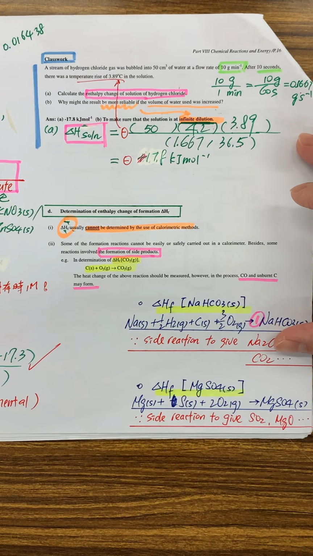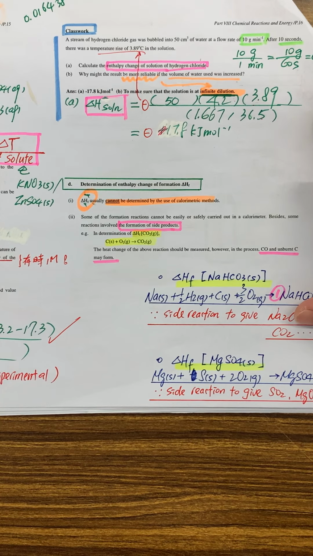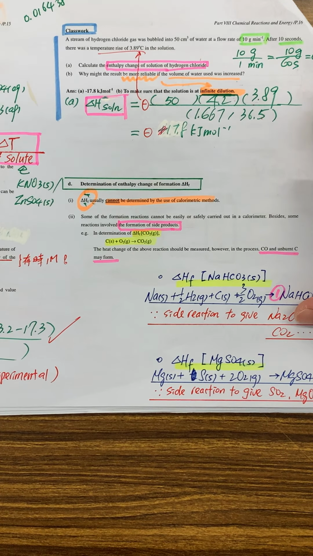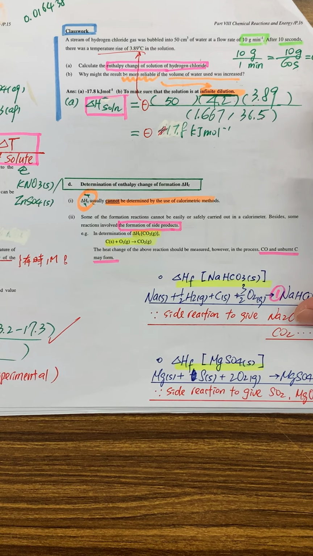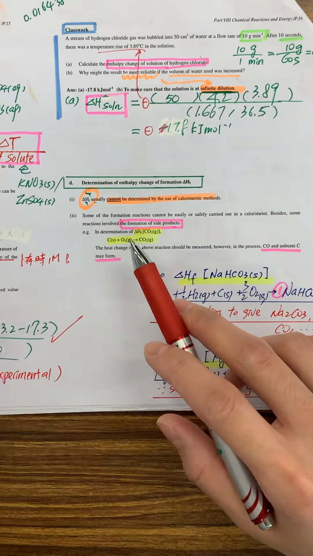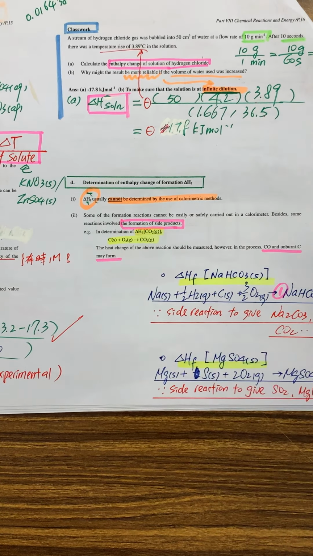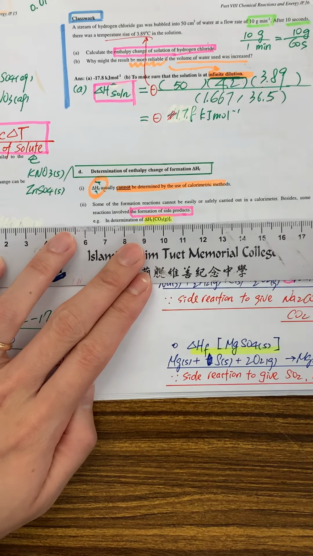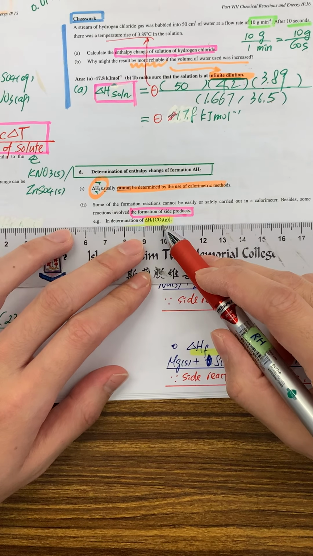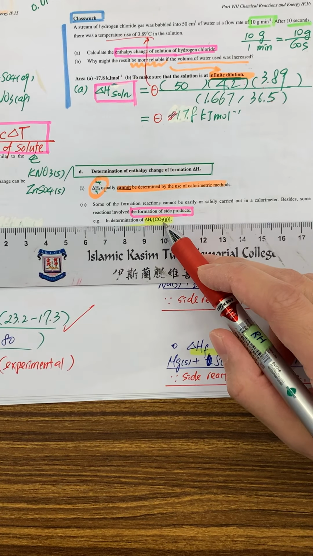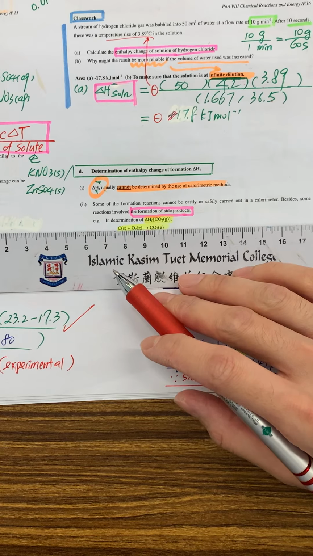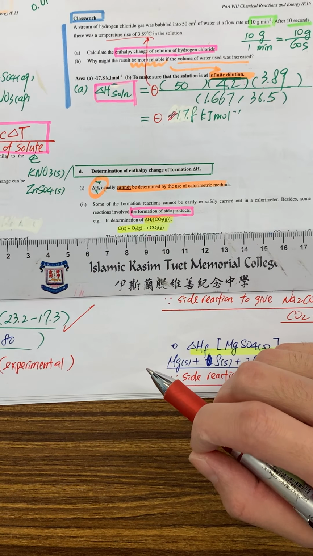Number 1, you need to be able to write down the equation for the formation first. When you see the symbol here, you should be able to write down the corresponding equation.